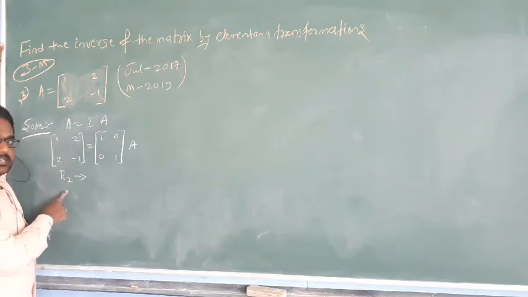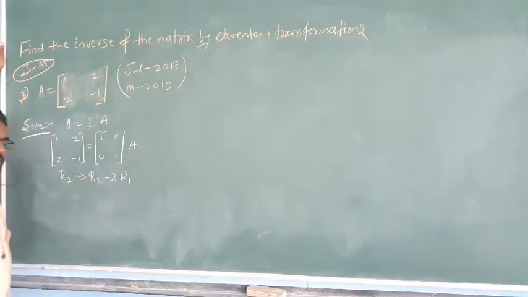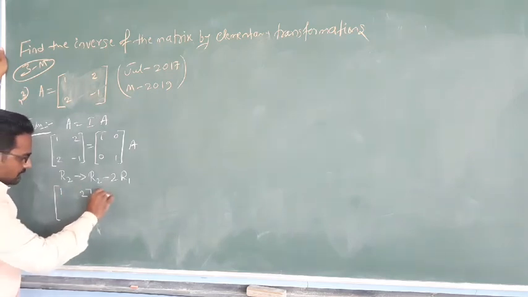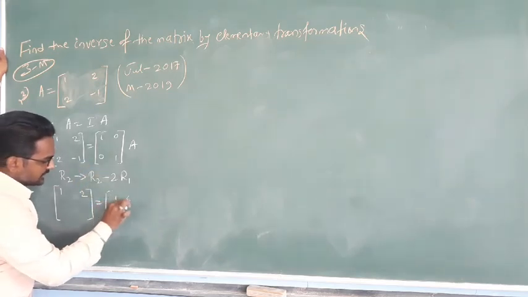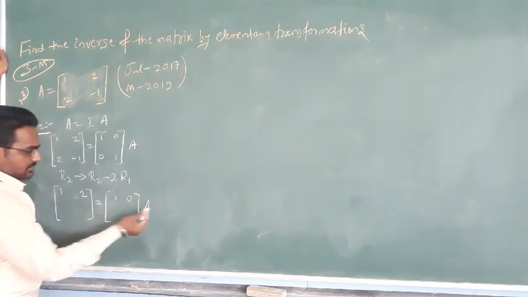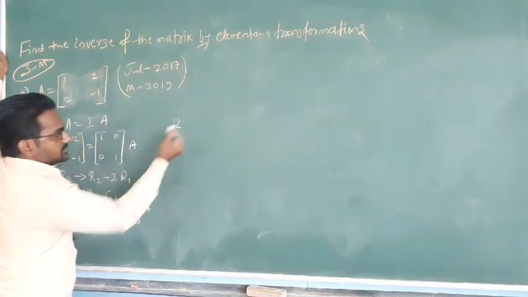Okay, so I am applying here R2 changes to R2 minus 2R1. So first row elements are as it is, 1 2. I will write the first row elements on both sides as it is. So I am applying the operation on the second row elements. So R2 minus 2R1. So what is the first element of the R2?